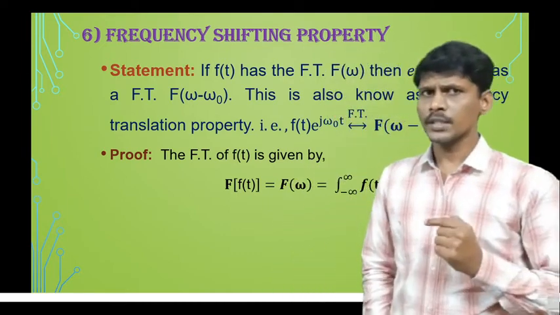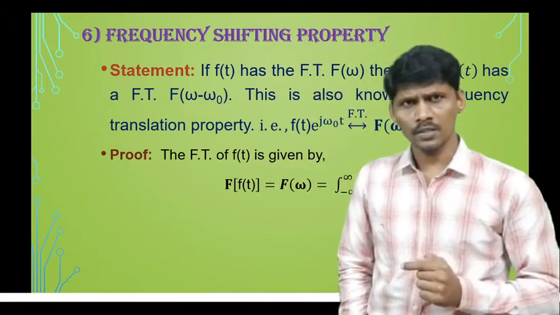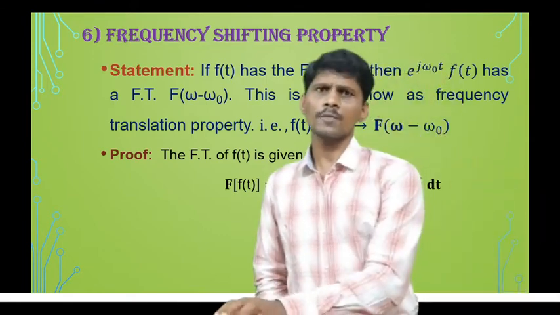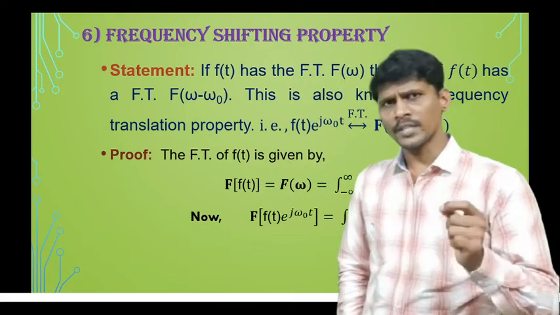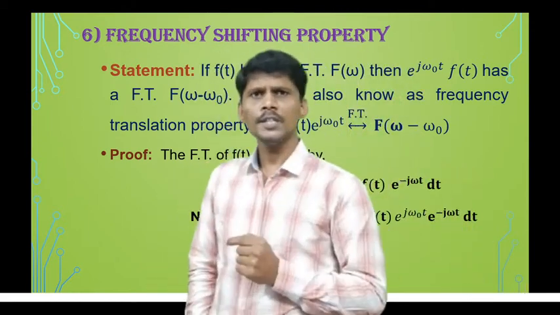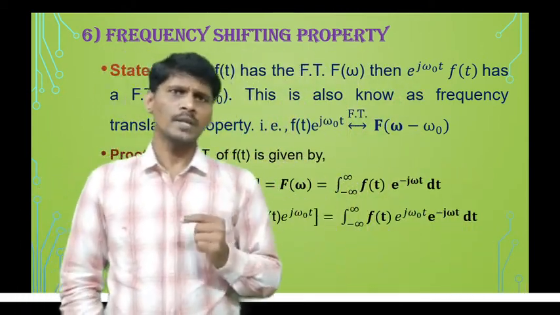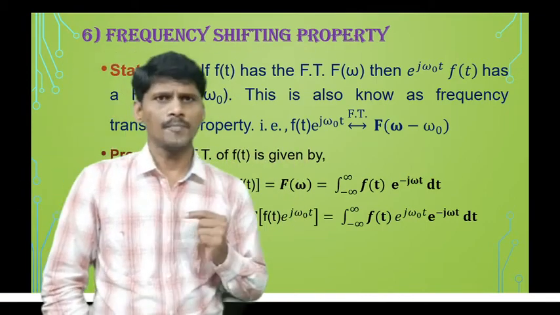Using the definition of Fourier transform, the Fourier transform of f of t into e power j omega naught t is written as the integral from minus infinity to infinity of f of t into e power j omega naught t into e power minus j omega t dt.